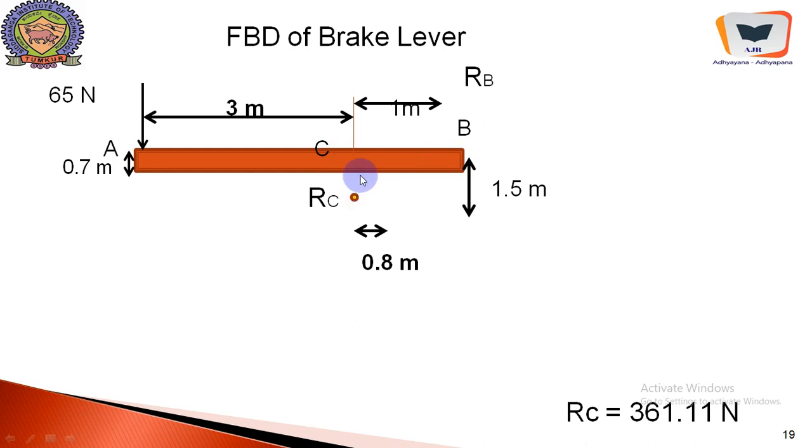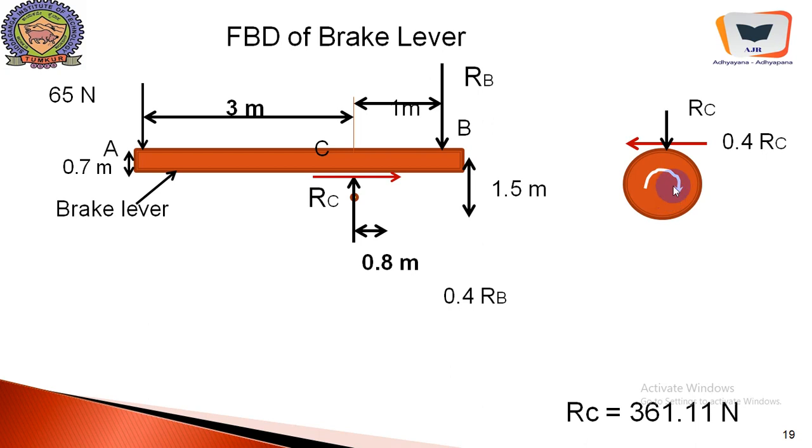Here there is a wheel, and this is the brake lever, and here there is a vertical reaction coming from the wheel, and this is the frictional force. This is the frictional force which is acting in this particular direction as far as this block is concerned, because this is trying to rotate like this, so it will experience a frictional force in the leftward direction, and this is the reaction offered by the braking arm to this wheel.